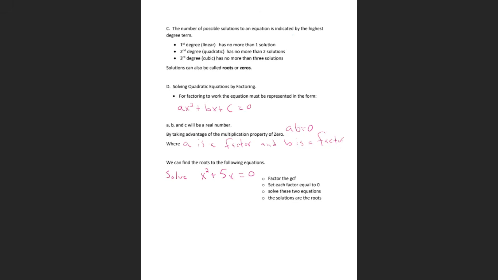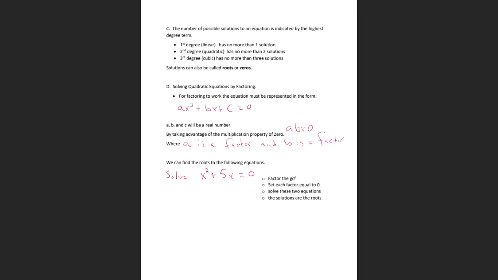So now we're going to move into what we call quadratic, which means there's an exponent of 2 in the problems. If there's a second degree term, then there's going to be no more than two solutions. So we're going to be looking for at least two solutions in some way, but no more than two. Okay, so sometimes the solution will be the same answer though, so it kind of represents just one.